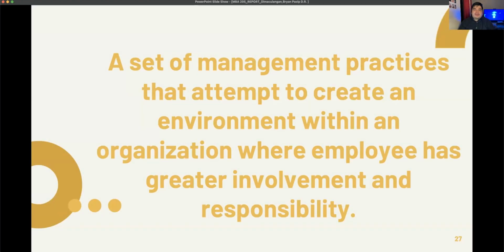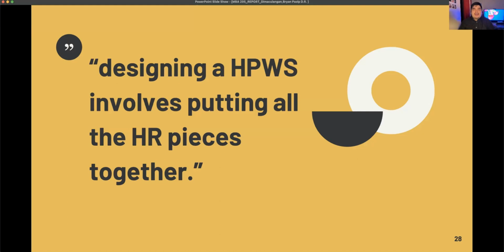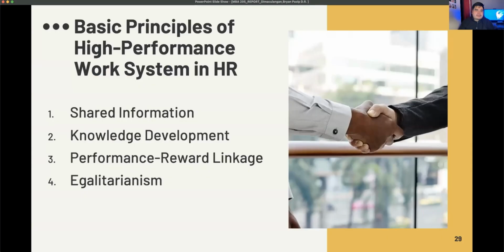High performance work system is a set of management practices that attempt to create an environment within an organization where employees have greater involvement and responsibility. Now, designing a high performance work system involves putting all the HR pieces together. So that is a keyword, putting all the HR pieces together.